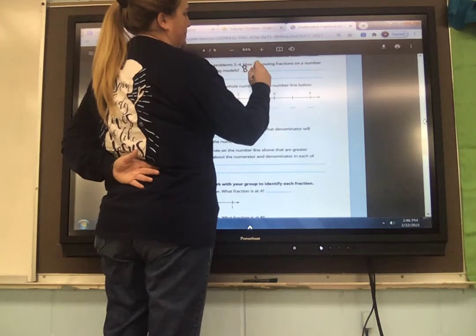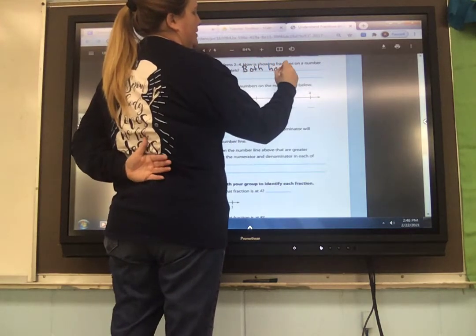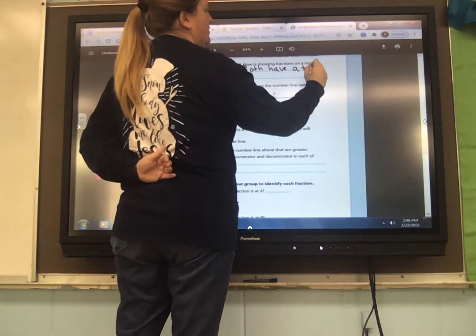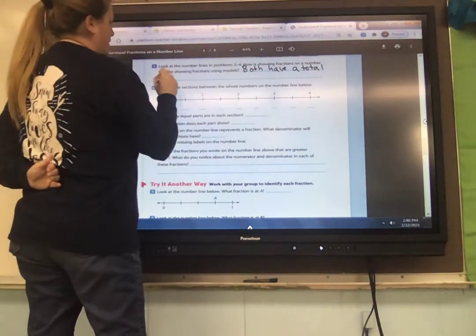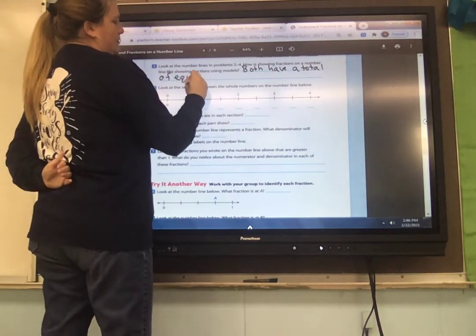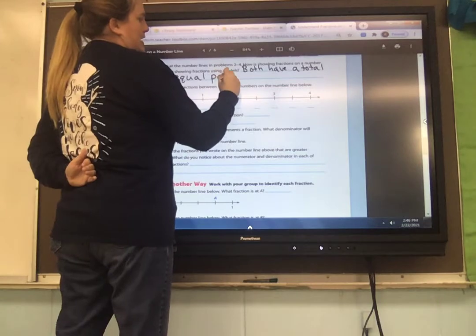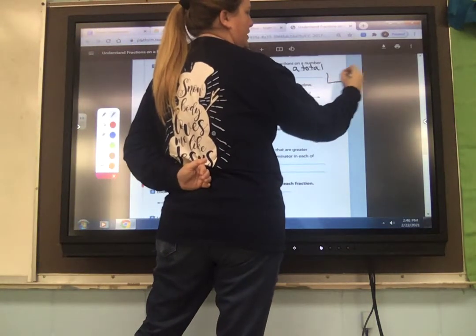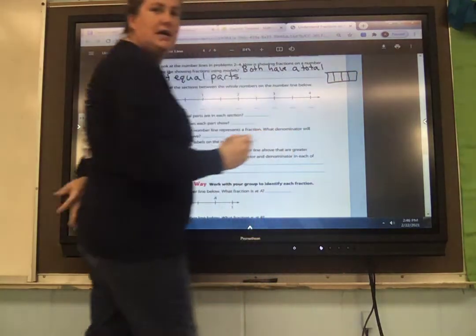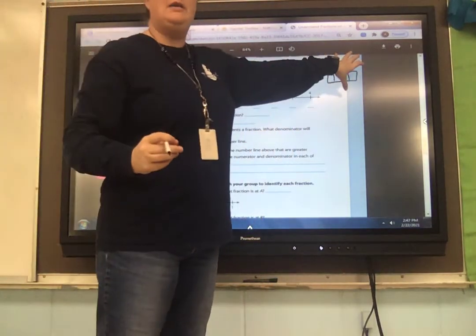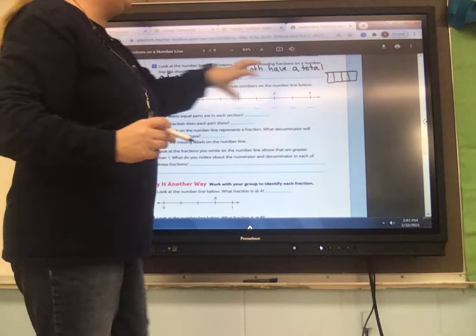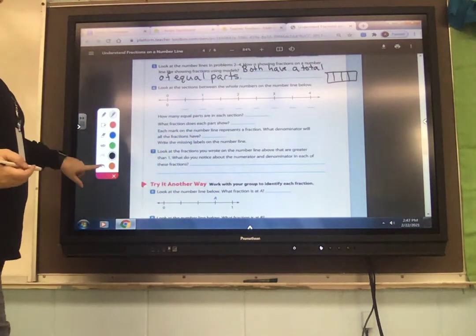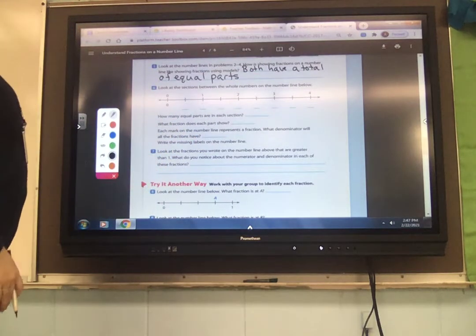Both have a total of equal parts. It's just like if we took your rectangles that we've been working with and cutting up into equal size pieces, if we pick that rectangle up and put it on a number line, that's what we're doing when we have these number lines with fractions.